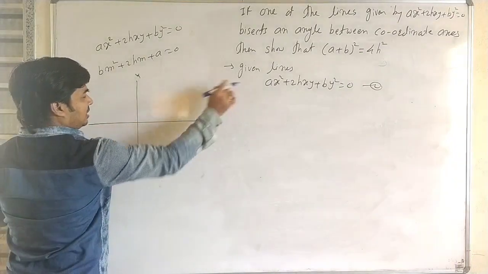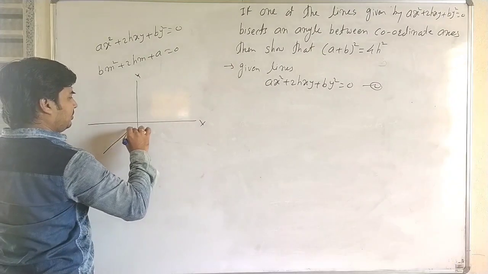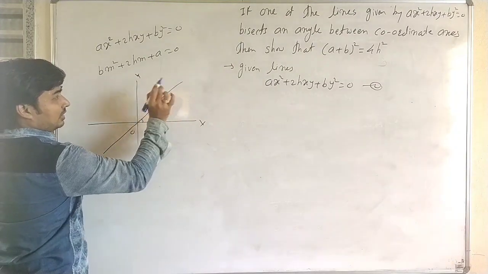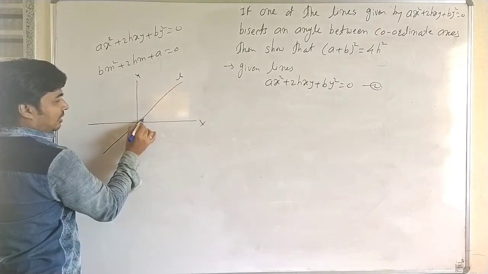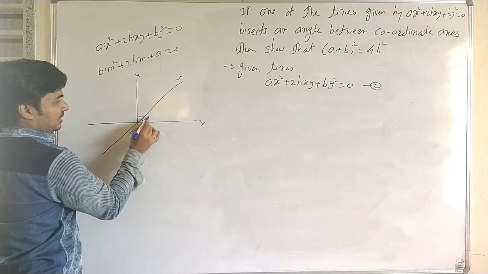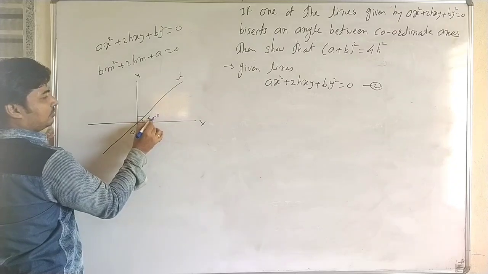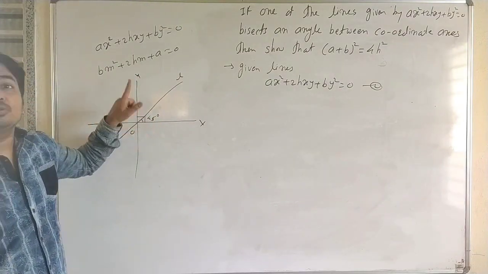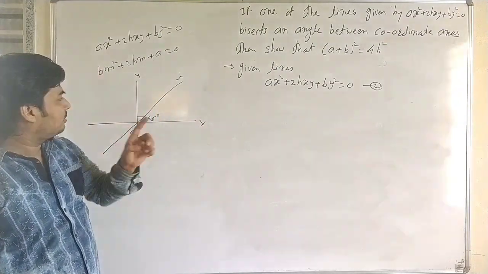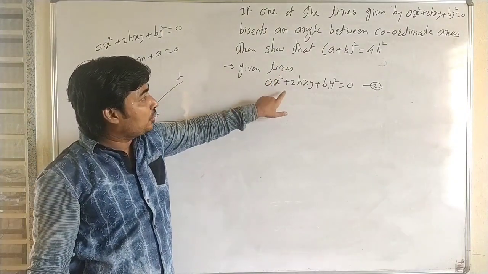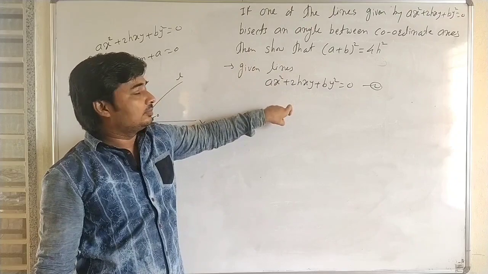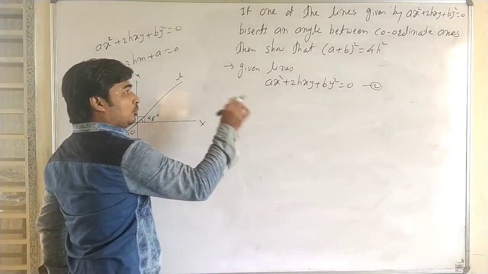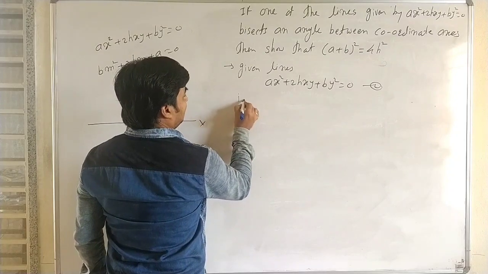One of the lines represented by this equation bisects the angle between the coordinate axes. That means it is at 45 degrees. Therefore, the slope of one of the lines is tan 45, that is 1. Therefore, the slope satisfies the auxiliary equation.